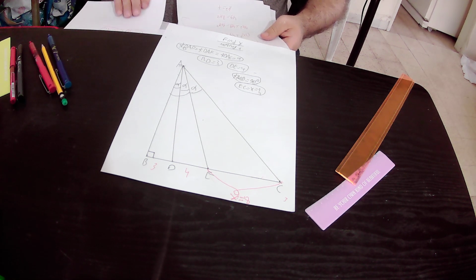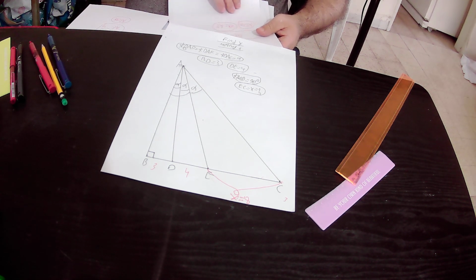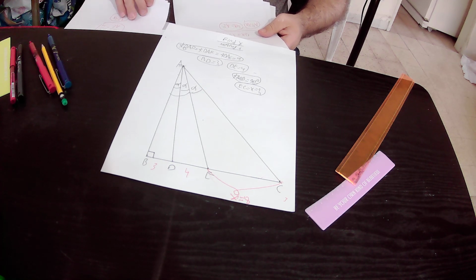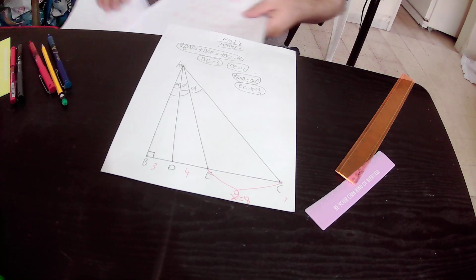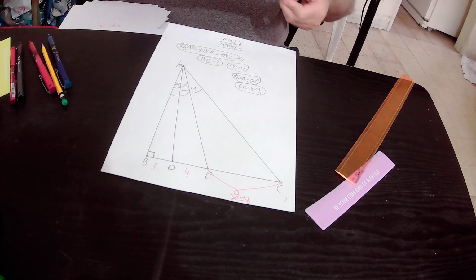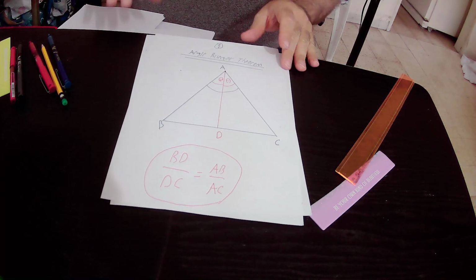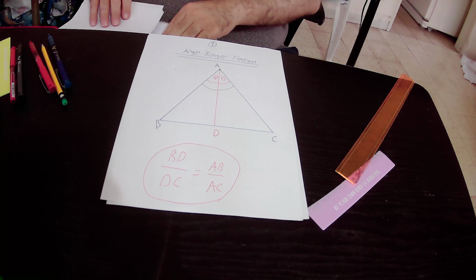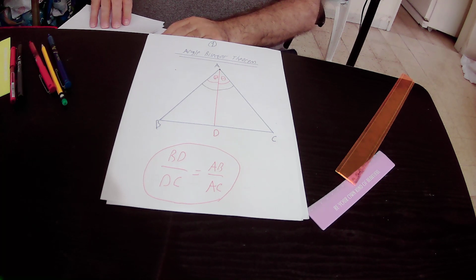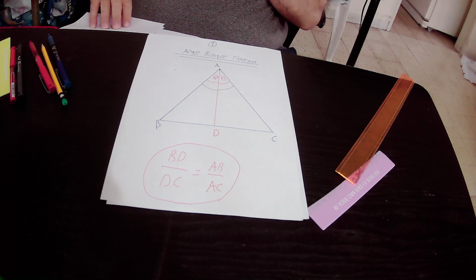So in order to find out the value of x, I presented to you the angle bisector theorem. The angle bisector theorem states that an angle bisector in a triangle divides the side it hits in a ratio that equals the ratio of the angle legs.